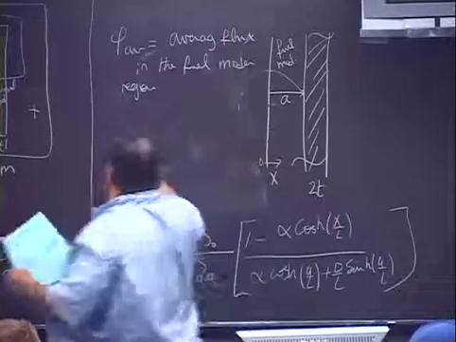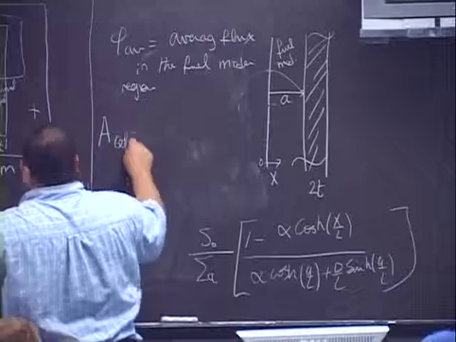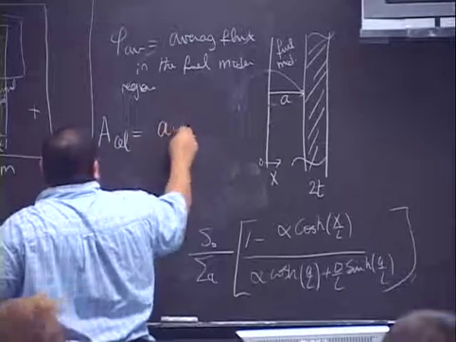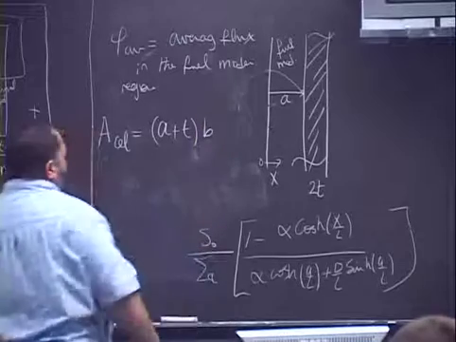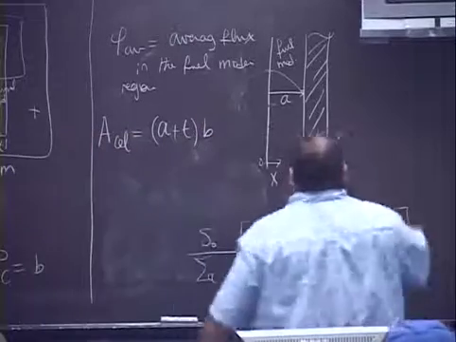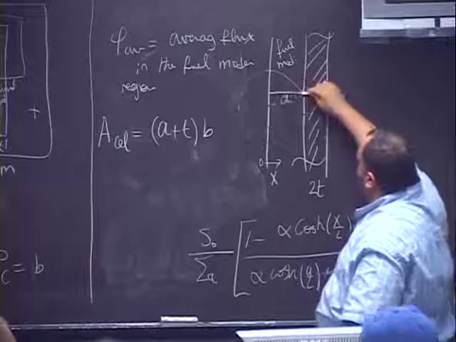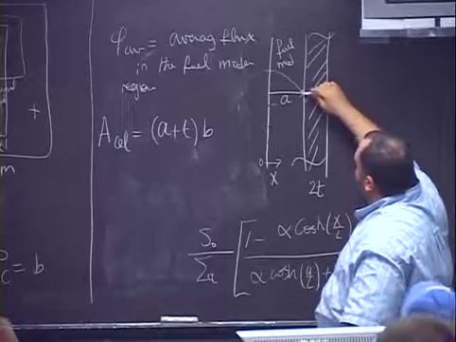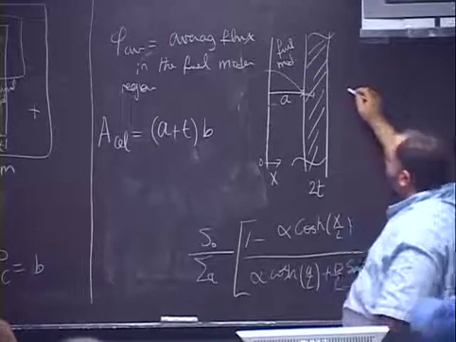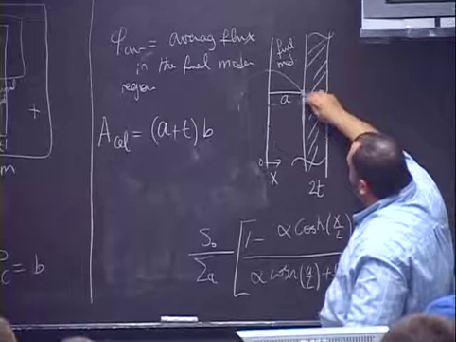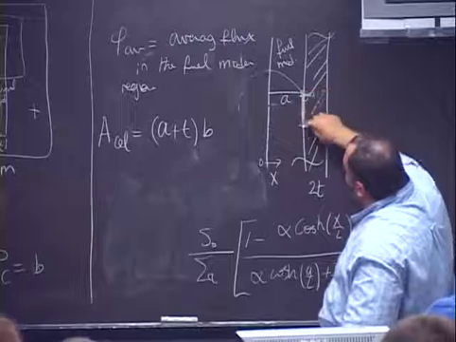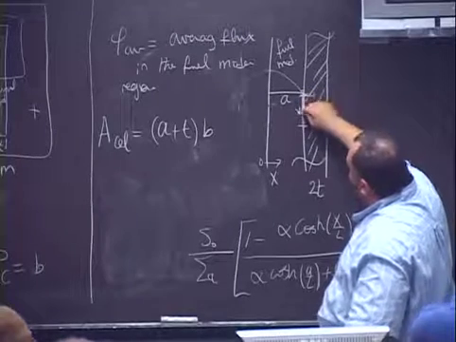And what's the area of the cell? It's just A plus T multiplied by B, which is A plus B plus T, multiplied by B. So B will be in this direction.